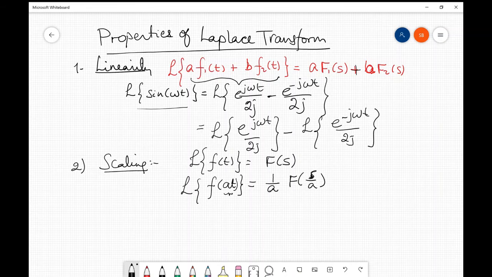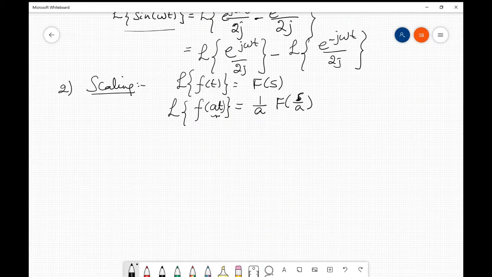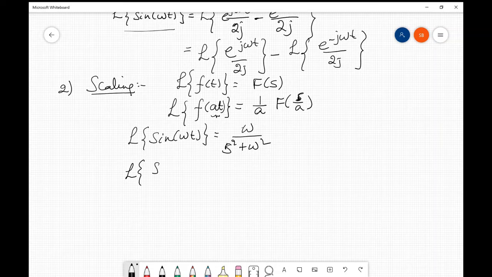So for example, we already know that the Laplace transform of sine omega t is omega over s squared plus omega squared. So what if we are asked to find the Laplace transform of sine 2 omega t? You see this 2, how it is a scaled version in the time domain.